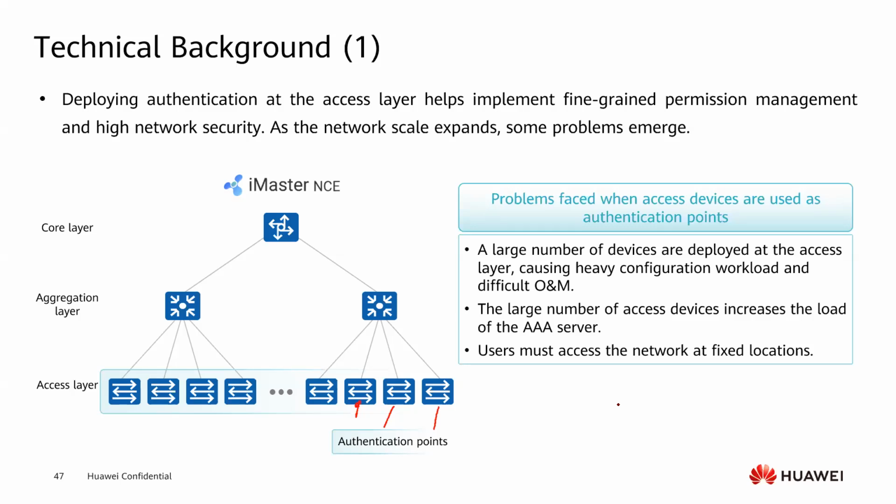So it's a heavy configuration for the administrators, and also for the servers. The server needs to know all of the access layers, because it needs to exchange information with all of them, right? So it is also a heavy workload for the servers.